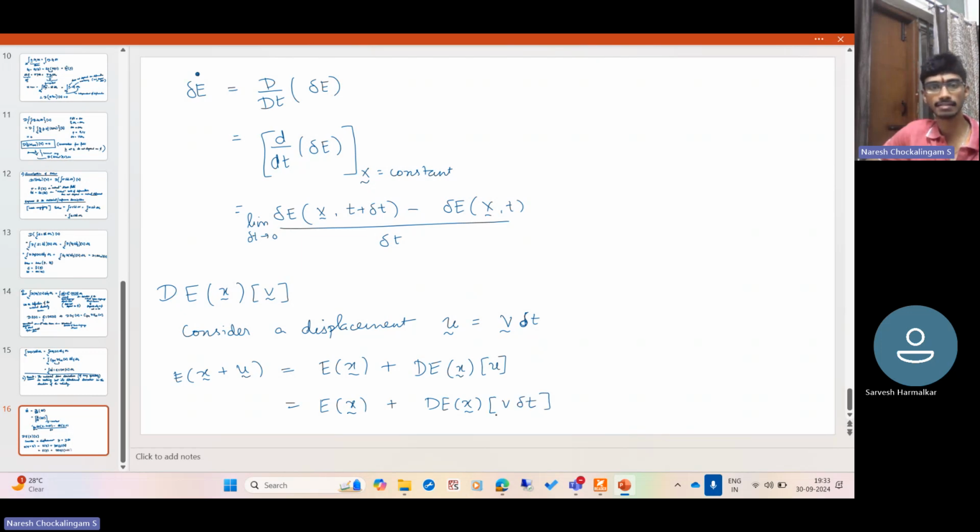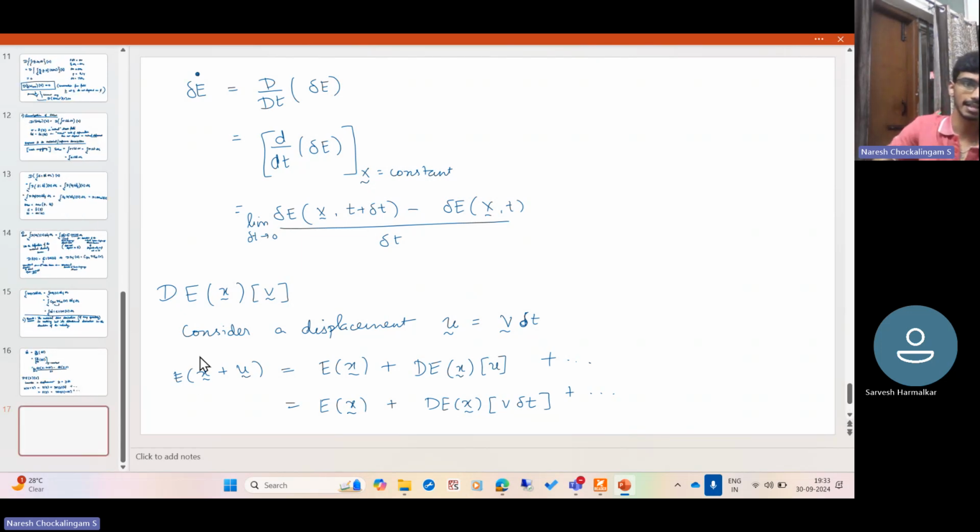Plus some higher order terms. And we know that the directional derivative is linear in the direction.